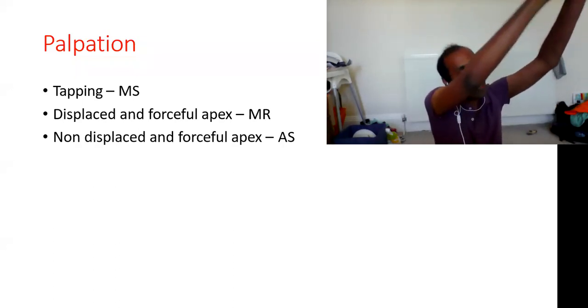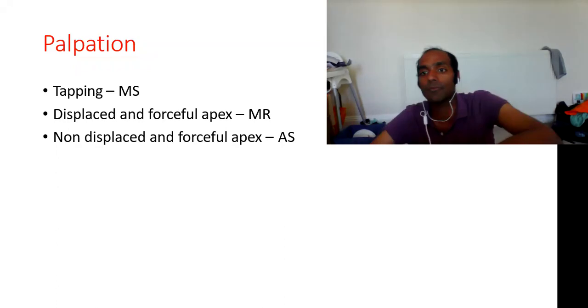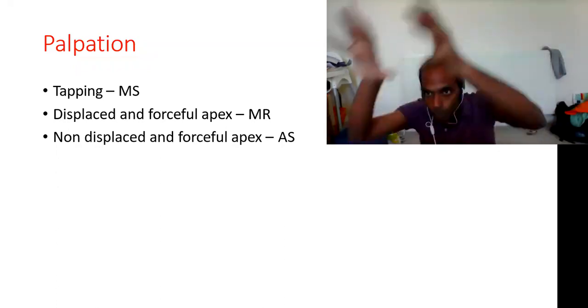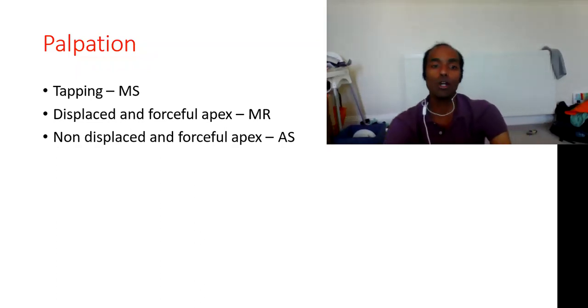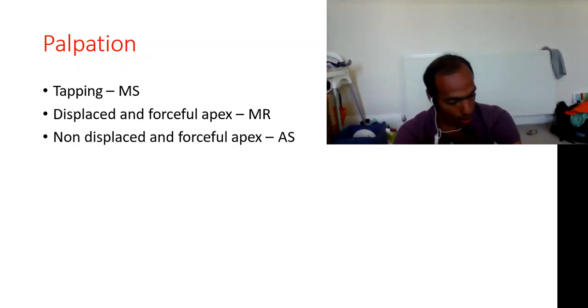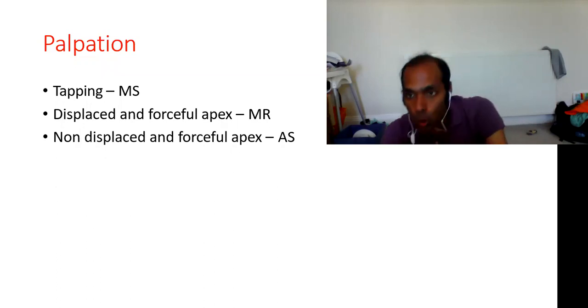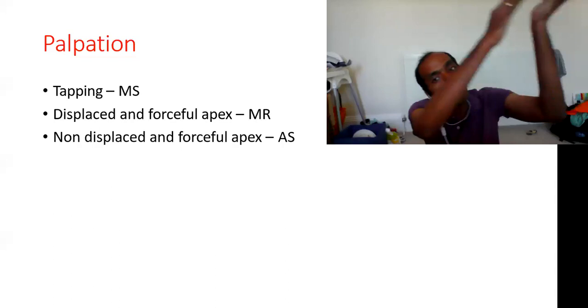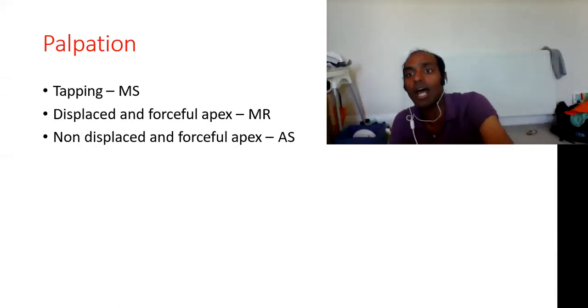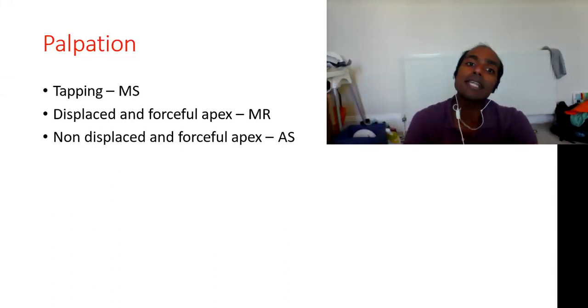The blood that was regurgitated comes back in the next cycle, so there is a progressive volume overload of the left ventricle with every single cardiac cycle.